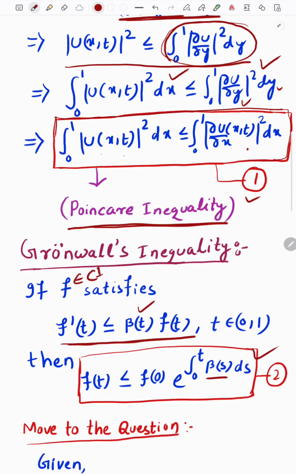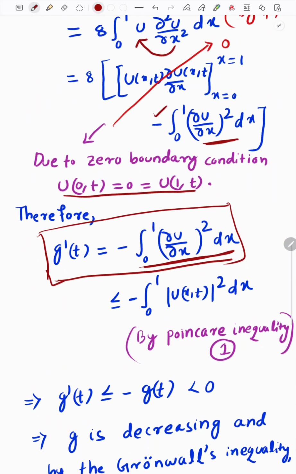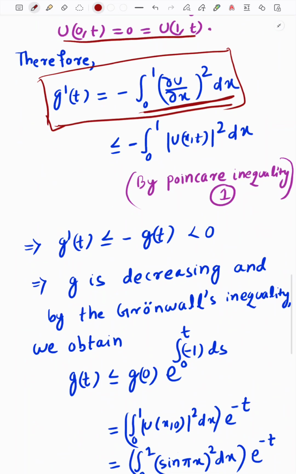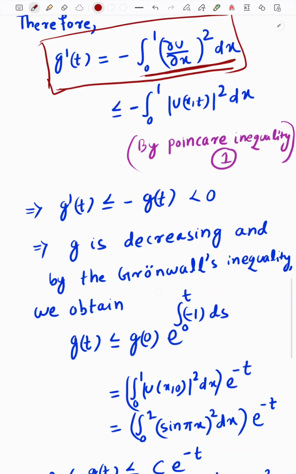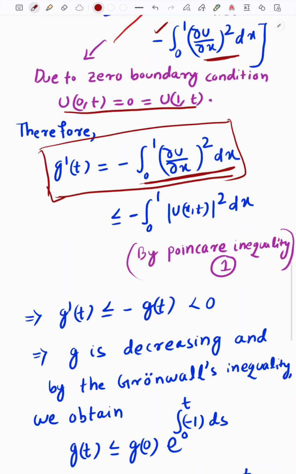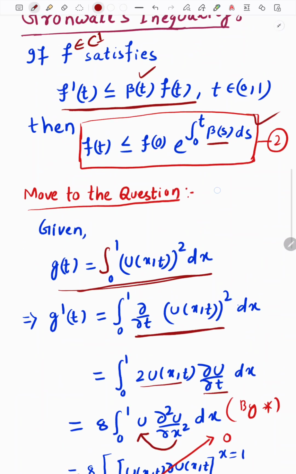Okay, so further we will calculate the limit. This limit can be calculated by our Gronwall's inequality. To reach the Gronwall's inequality form, we have reached up to this form. Then this norm is bigger than the L2 norm, but here the minus sign is there, so this quantity is less than or equal to this quantity by using the Poincare inequality, which we have derived earlier.